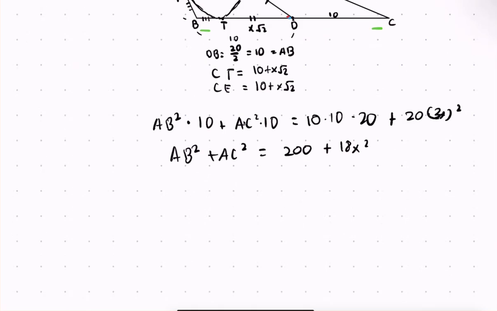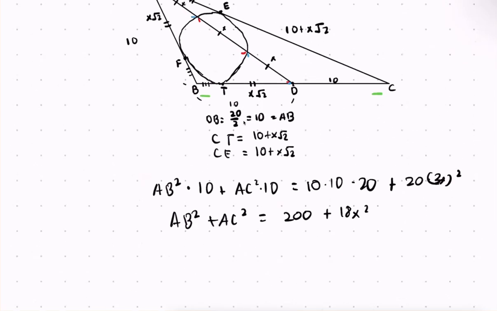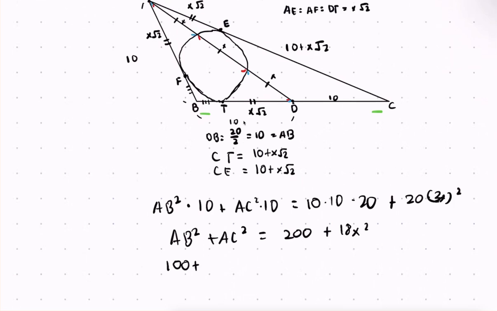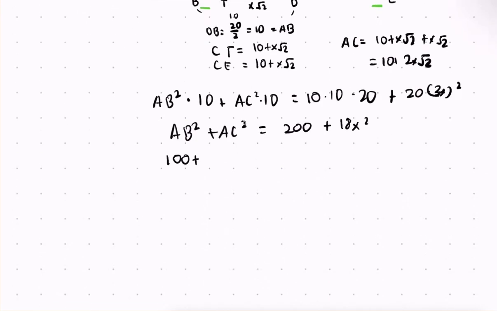And now what we can do is we can write AB out. What is AB? AB is 10, right? Yeah, so that's going to be 100 plus AC, which is equal to 10 plus x root 2, which is the CE, plus AE, plus x root 2, is equal to 10 plus 2x root 2, squared, is equal to 200 plus 18x squared.